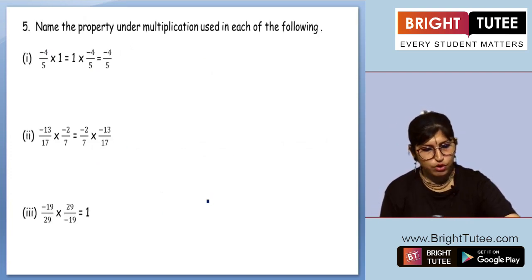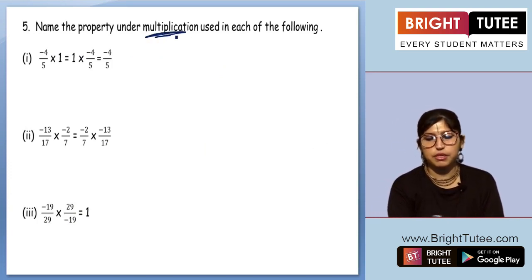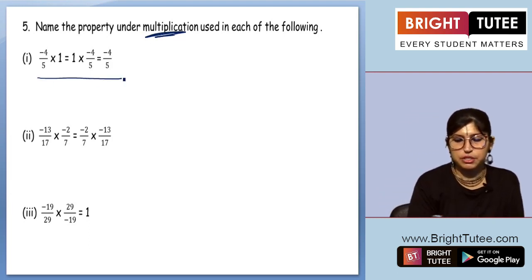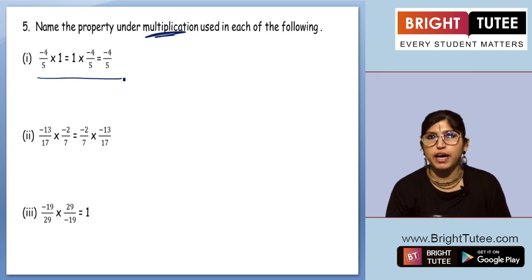Now let's move on to another question. Another question says, name the property under multiplication used in each of the following. Let's start with the very first part. Minus 4 by 5 into 1 equals 1 into minus 4 by 5 equals minus 4 by 5.